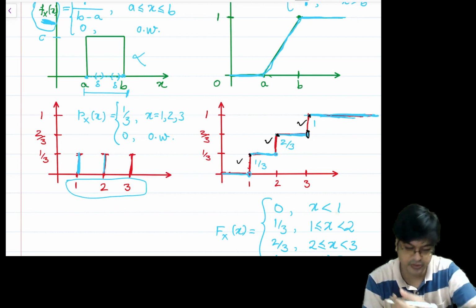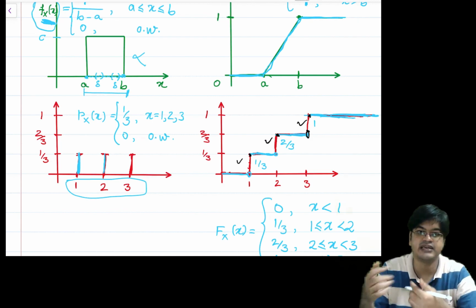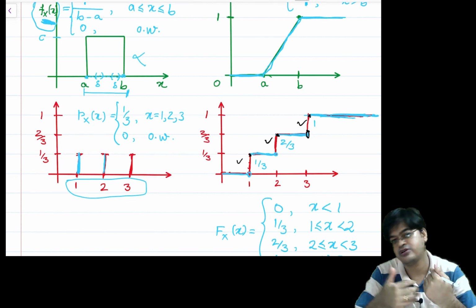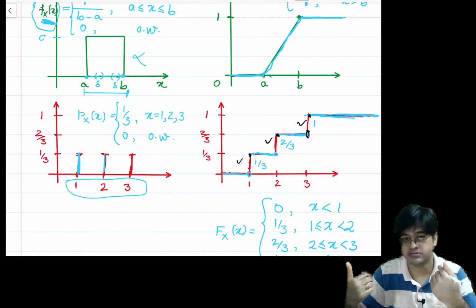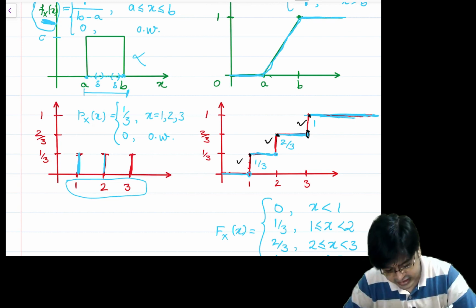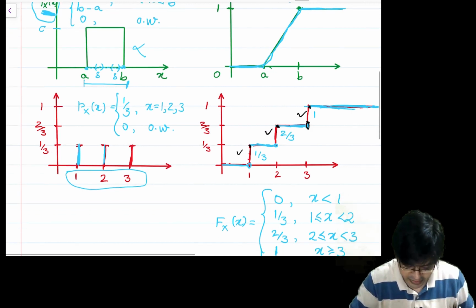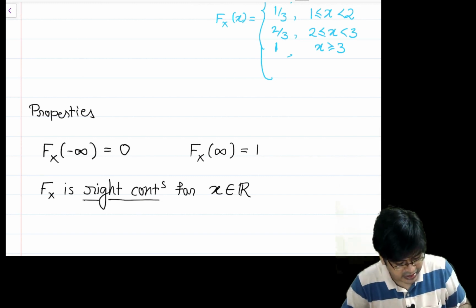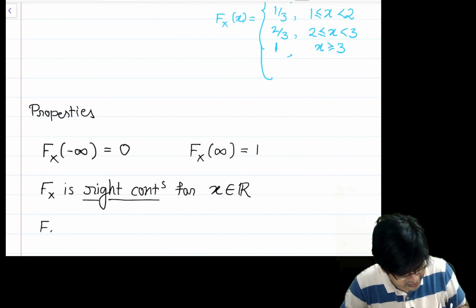Therefore, if you approach from the right, you will get the starting point, but if you approach from the left towards the right, then you may not get the end point. That is what I am showing with these holes over here. So therefore the function is going to be right continuous, and F_X is a non-decreasing function.